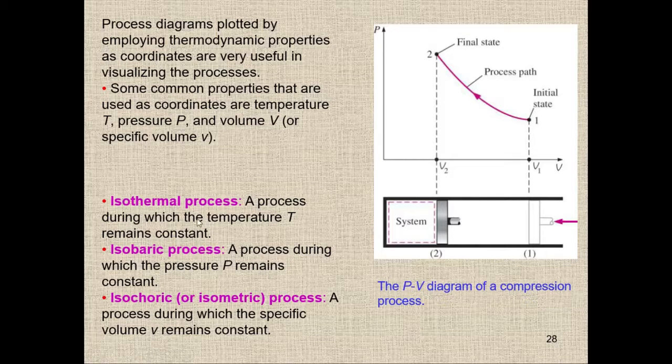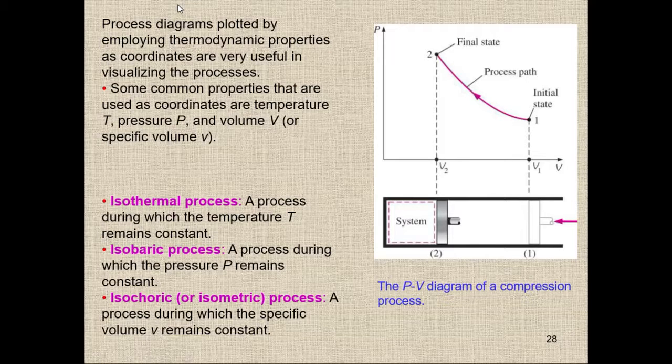Now we have different types of processes. The process can be isothermal, isobaric, or isochoric. An isothermal process means that the temperature remains constant throughout the process. For the isobaric, the pressure will remain constant, and for the isochoric, the specific volume or the volume will remain constant.